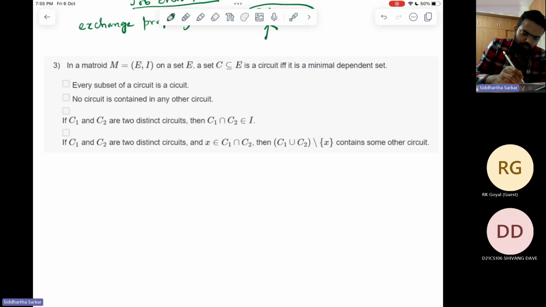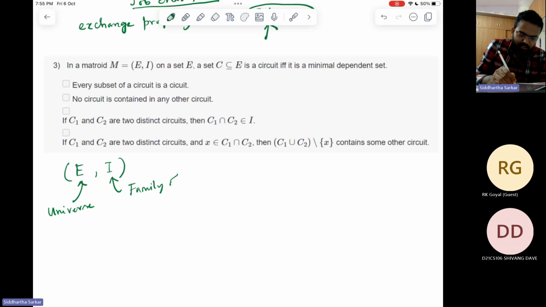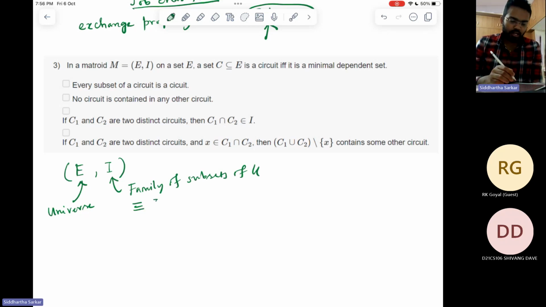So as I said, there are two tuples in the matroid definition. This is the universe, and this is a family of sets, subsets of the universe. Each member in this family I is also equivalently called an independent set.